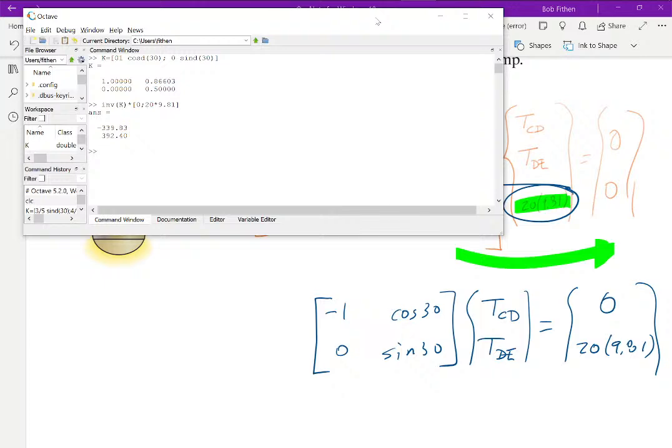My problem is I goofed and my finger hit the 0 key instead of the negative key. Okay, that should be K. That should be, okay, 339.